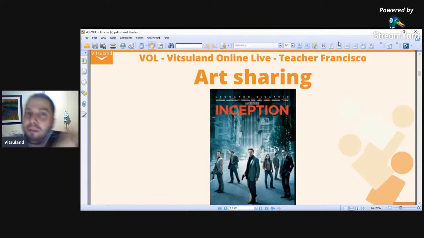When it comes to the main plot, Leonardo DiCaprio is a widower, and he has to go deeper into her dreams. To sum it up, I'm not going to explain the whole story, but there are different levels of dreams, and he has to reach the fifth level, I think, so he can find his ex-wife, the one who's dead.